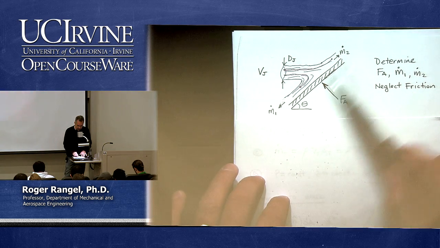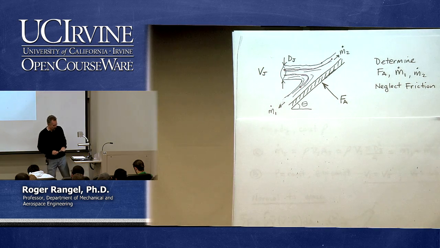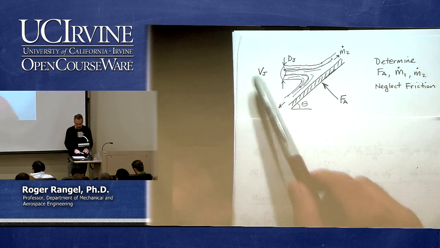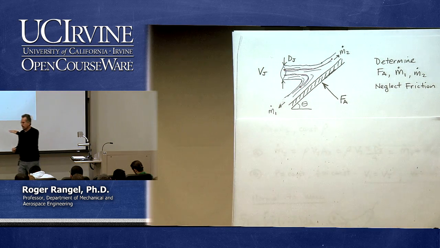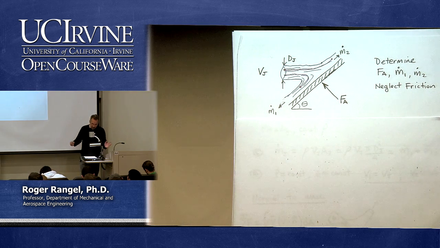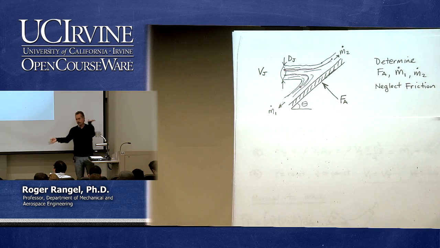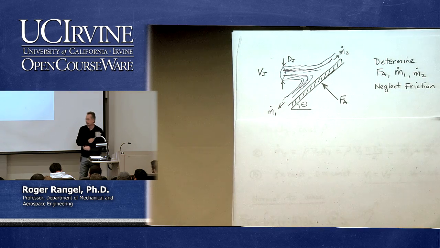This is a solid wall leaning at an angle theta with respect to the horizontal. And there is a jet of water, a horizontal jet of water that is hitting that wall. And for simplicity, we are assuming that it just diverges into two jets. So there is a jet that goes up the wall and another jet that goes down the wall.